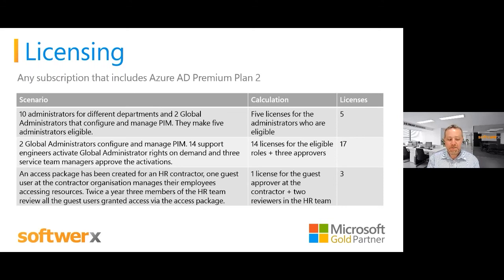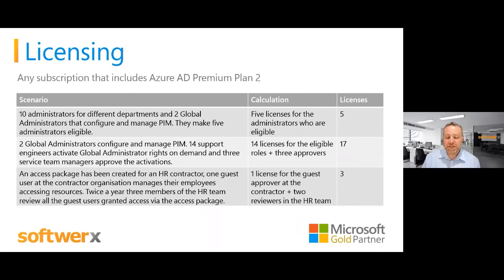In the access package scenario, unless our guest users are going to be put through a privileged activation of a role after they've been granted the access right, none of those users need the Plan 2 license because they're not participating in the process.